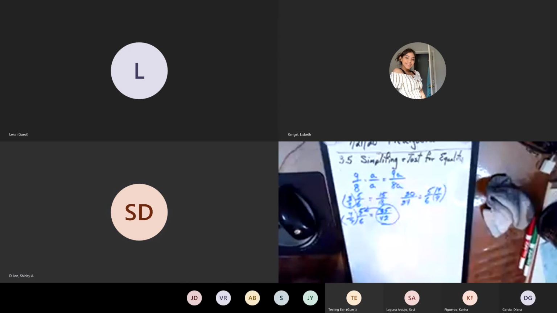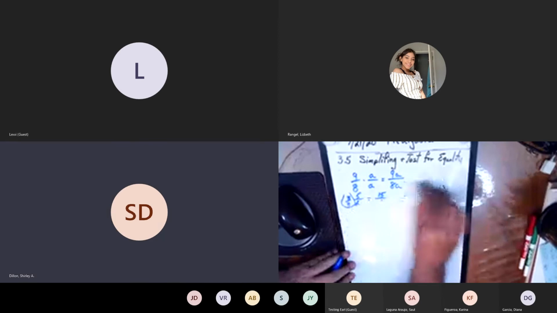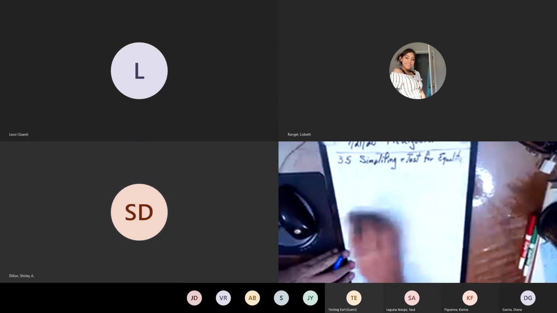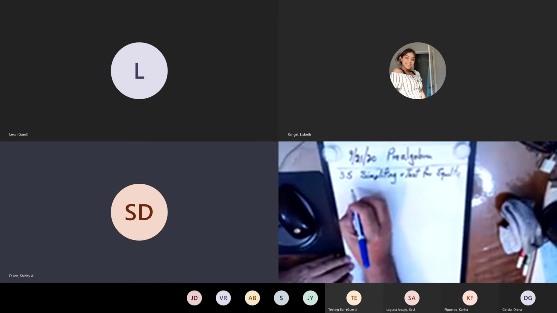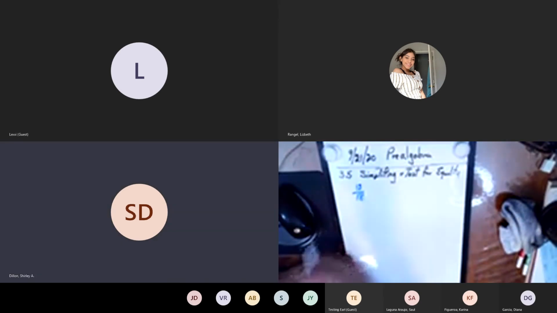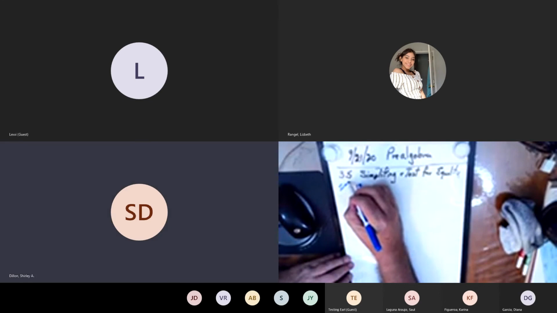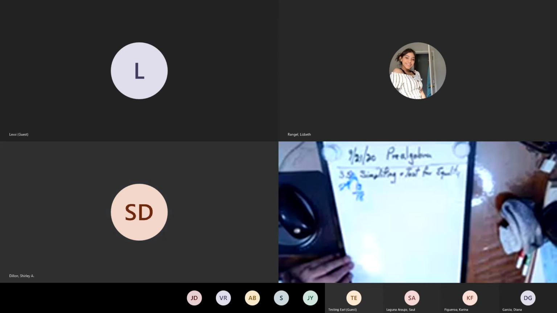All right, so let's take an example on how we're going to use this information to simplify fractions. If I have 12 over 18, and they say simplify, that means they want it in the lowest reduced form, so it cannot be reduced anymore.